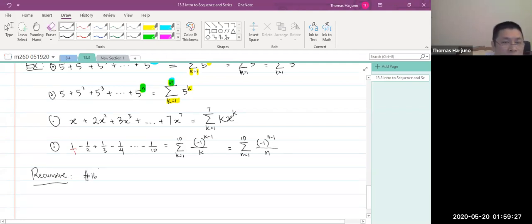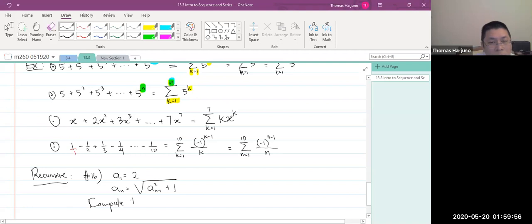Number 16: a sub 1 is 2, a sub n equals the square root of the previous term squared plus 1. And the instruction is to compute the first 5 terms.